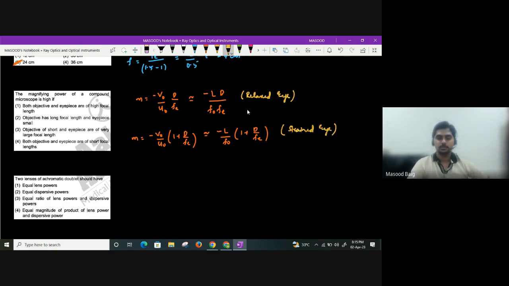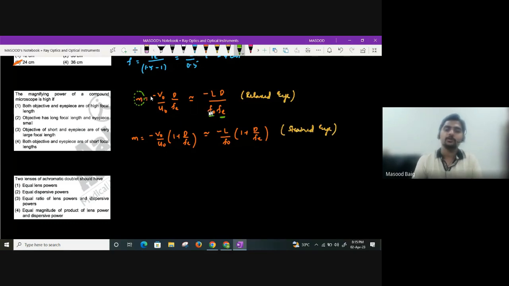Now you see, both the focal length of the objective and the focal length of the eyepiece are in the denominator. Magnifying power and the focal lengths of objective and eyepiece are inversely proportional. So if I want the magnifying power to be high, the denominator should be less, so the focal length should be less. But if the focal length is less, the power will be more.